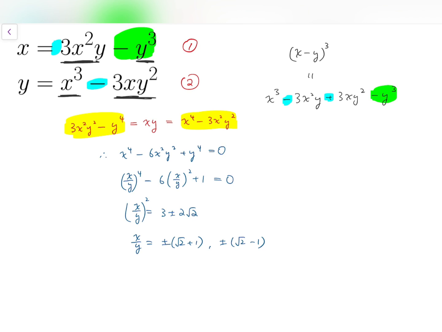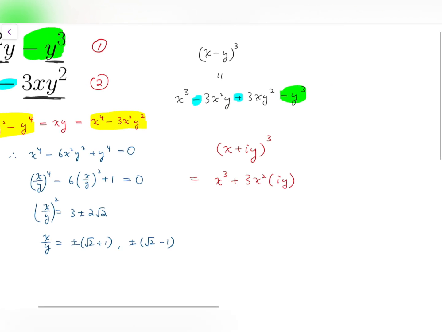In fact, we can take a look at x plus iy all cubed. In other words, we are considering complex numbers. So x plus iy all cubed, for x and y being real numbers, is equal to x cubed plus 3x squared times i times y plus 3x times i times y all squared plus i times y all cubed.